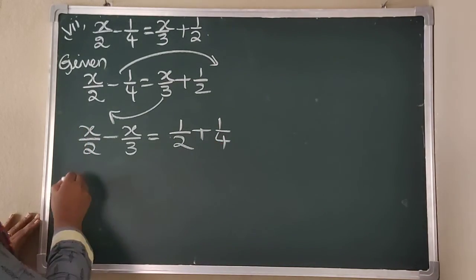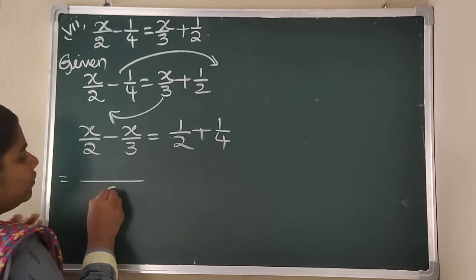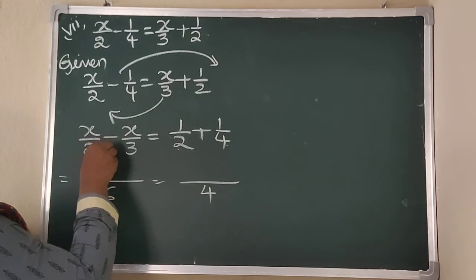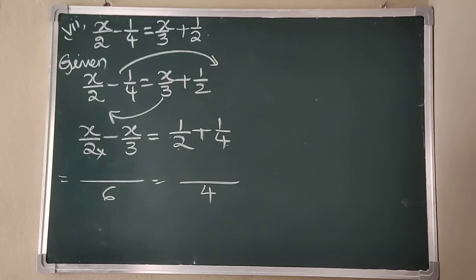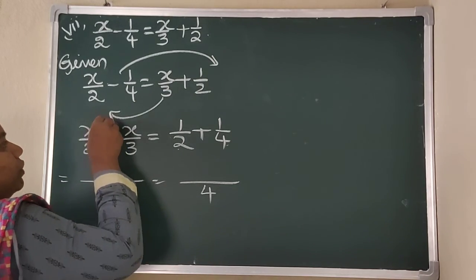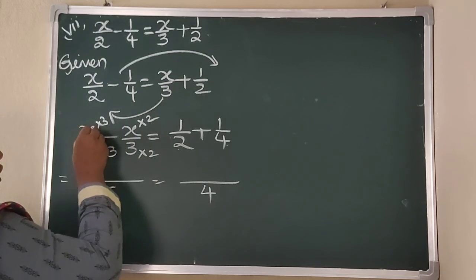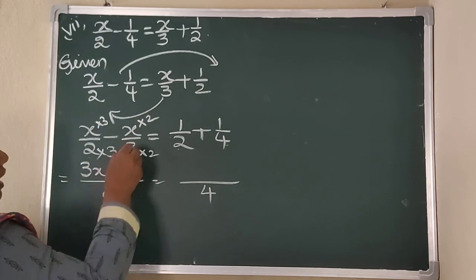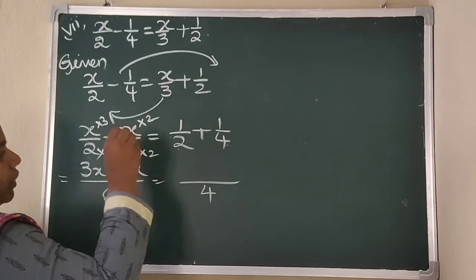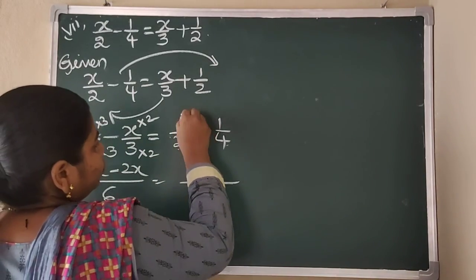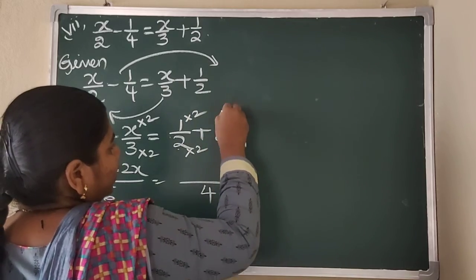Now we have to take the LCM. So the LCM of 2 and 3 will be 6 and the LCM of 2 and 4 will be 4 here. So how many times do we have to multiply to get 6 here? So it will be 3 into, 2 into. So 3 into x is 3x minus 2 into x is 2x. And in this case, into 2, into 1.